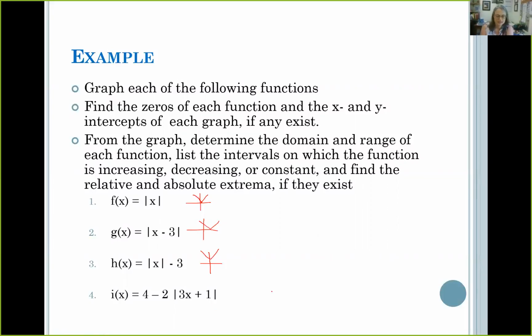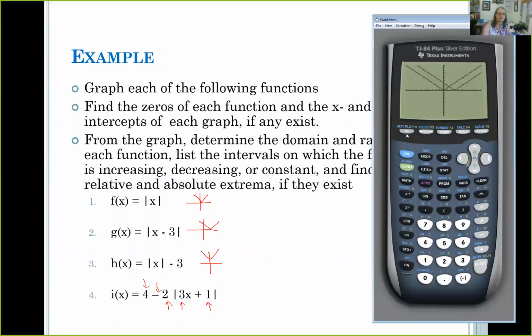And let's look at the last one here. So what do we have here? We've got a horizontal shift of 1, a horizontal stretch of 3, a vertical stretch of 2. The thing is turned upside down, and we have a vertical shift of 4.